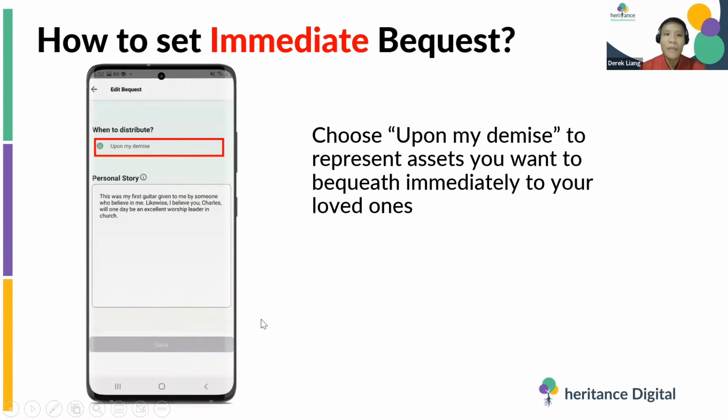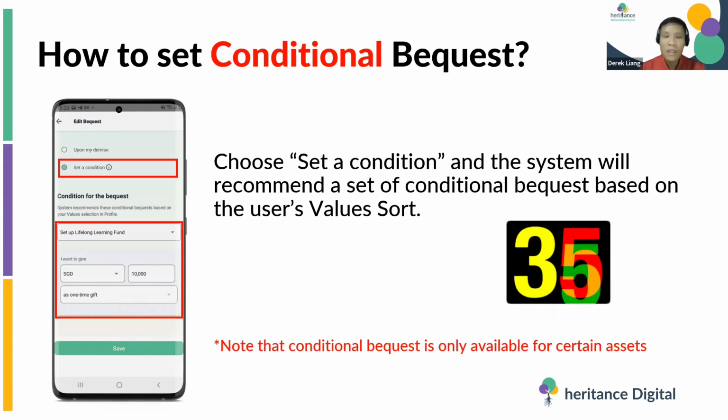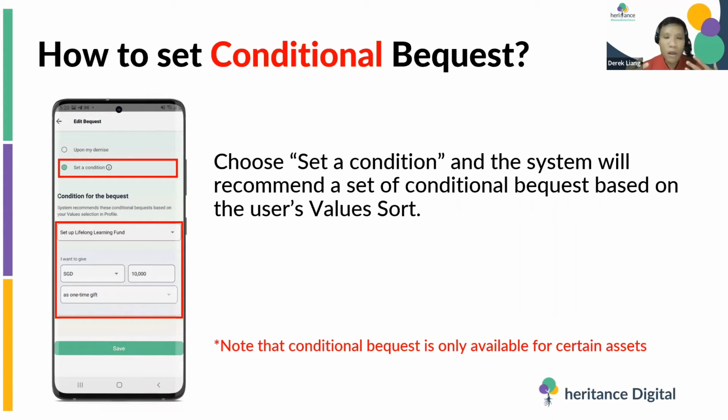Immediate bequest is upon your demise: the assets will be transferred to your beneficiary. Conditional bequest is given upon a condition met. We have in our library about 35 specific templates of conditional bequest. Depending on your values and personality, you might choose one of the system recommended conditional bequests.